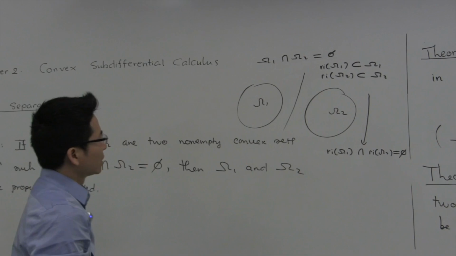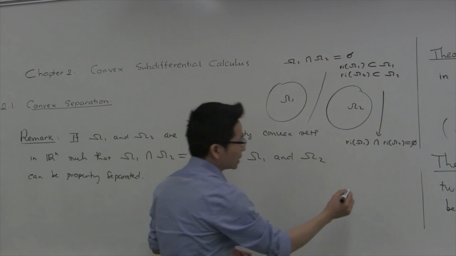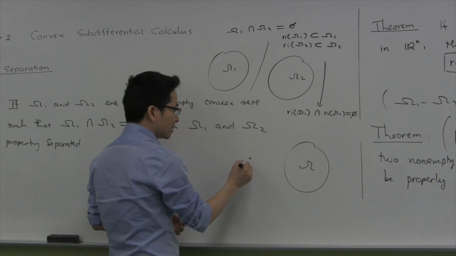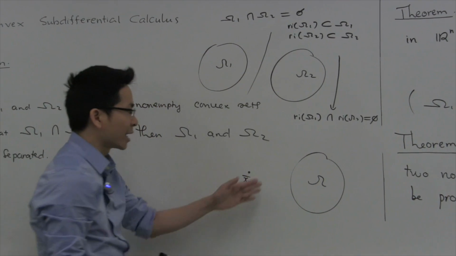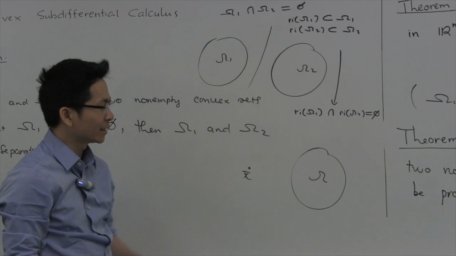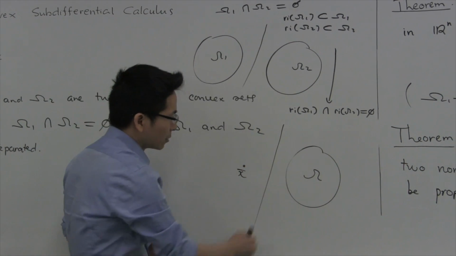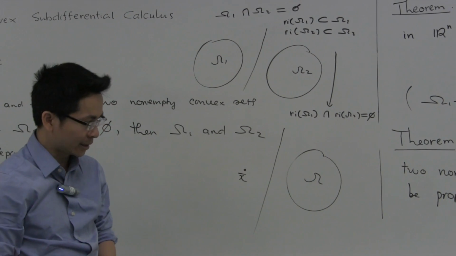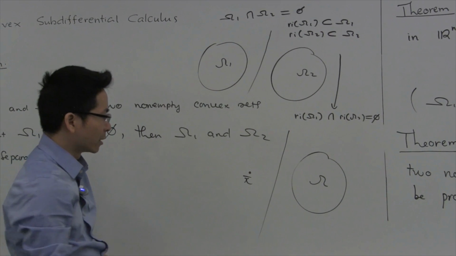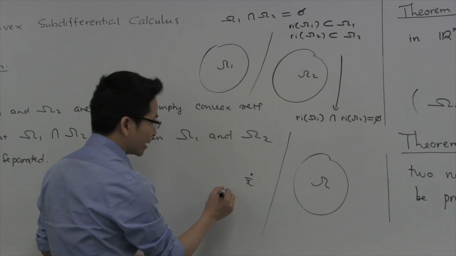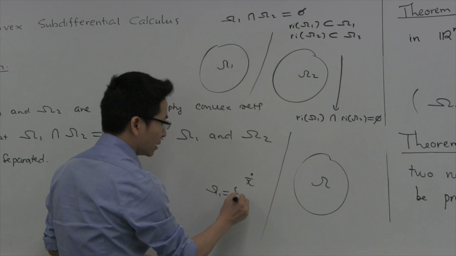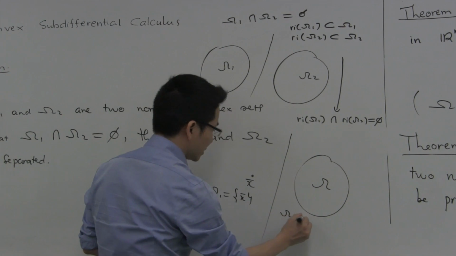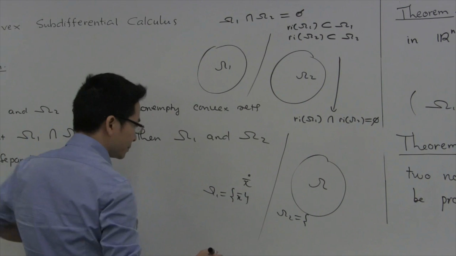As another example, if we have a set omega and we consider a point x bar that is outside of omega, in this situation we can also separate x bar and omega by a hyperplane. In order to do so, we look at the first set, omega 1, equal to the singleton set x bar, and omega 2 equal to omega.